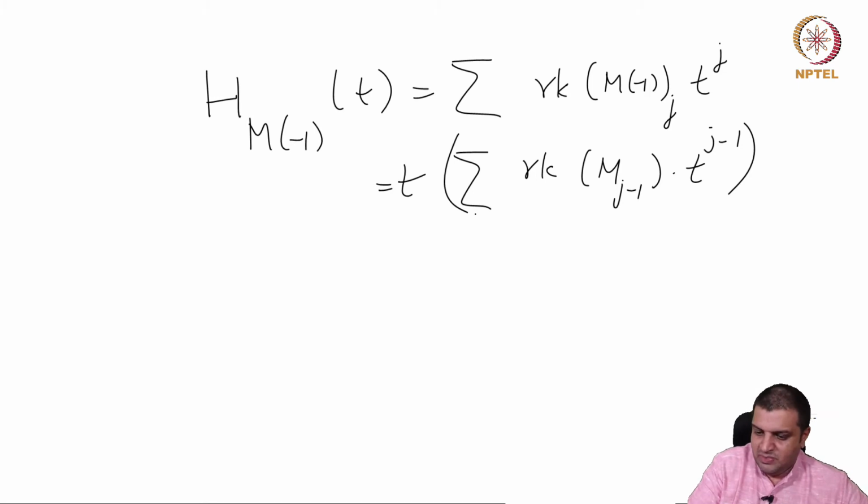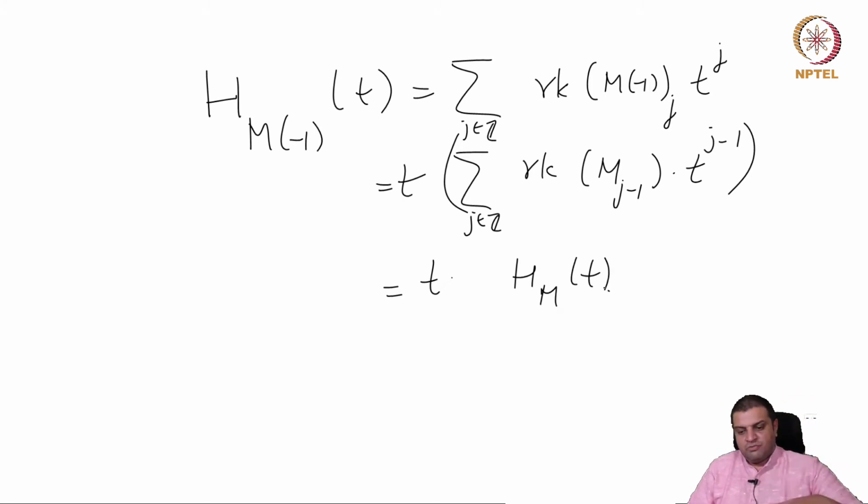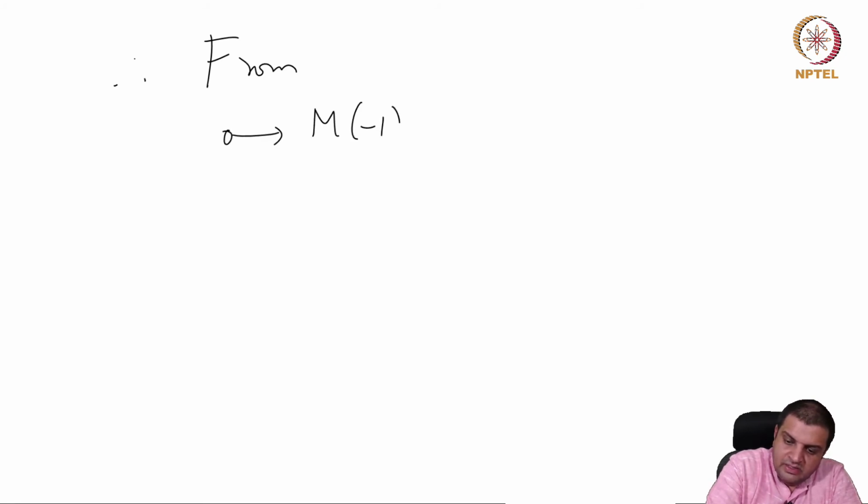Whether we put j minus 1 here or j here, it is the same over j in Z, so this is just t times H_M of t. In general, if you shift the module degrees by some a, so if you replace M by M minus a, we would get t to the a. So that's what we have. Now, from this short exact sequence, we did this. This is multiplication by f.